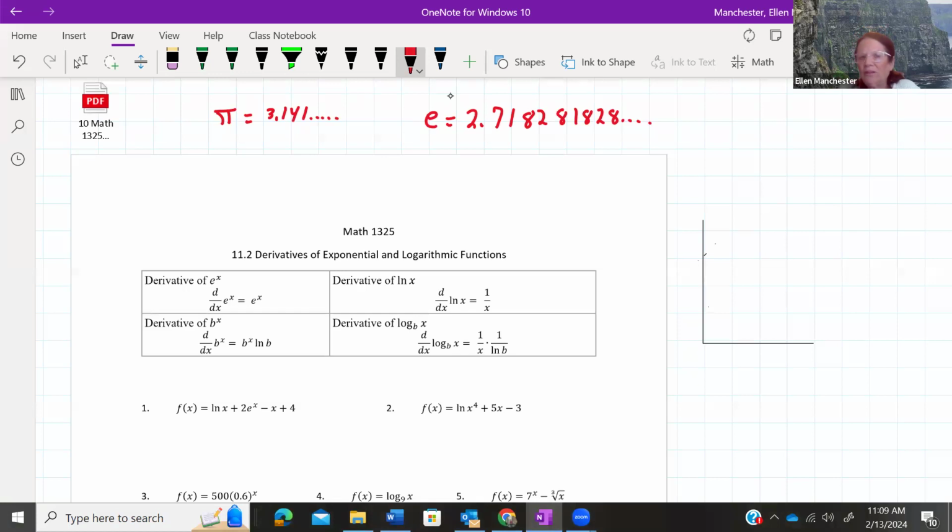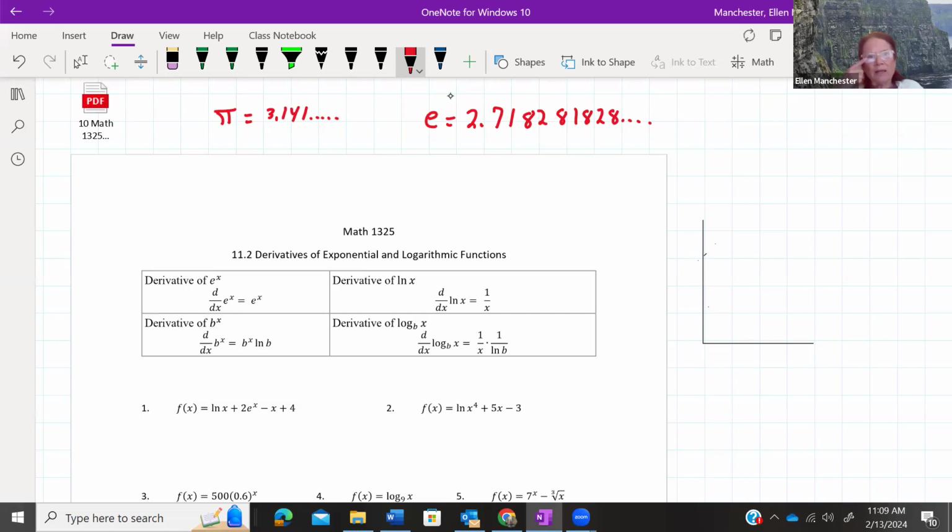So when you see the letter e, don't think of it as a variable. It's actually a number, and it's used in nature. That's why it's called the natural number. Anytime there's growth or decay, that's when you would see the natural number: population growth, radiation decay, investments.